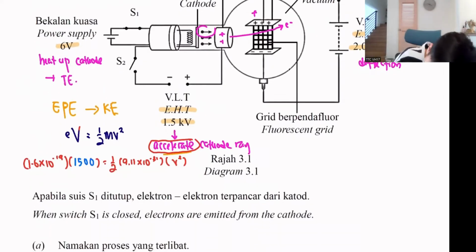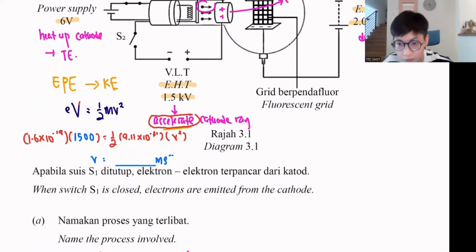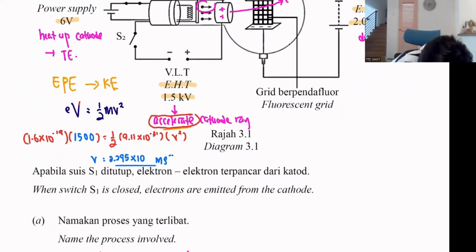So my velocity will be about 2.295 times 10 to the power of 7 meters per second. Okay?